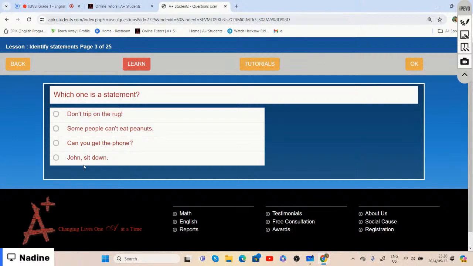Let's go to the next one. It says, which one is a statement? Is it don't trip over the rug, some people can't eat peanuts, can you please get the phone, or John, sit down?